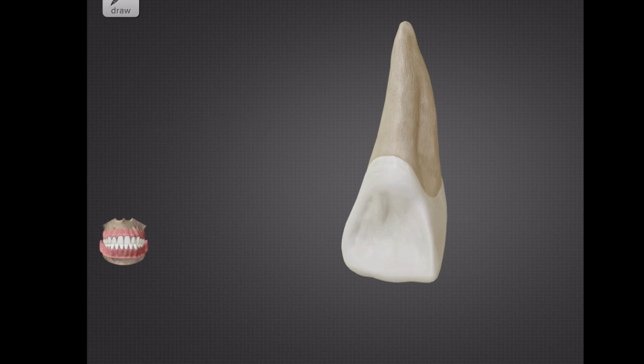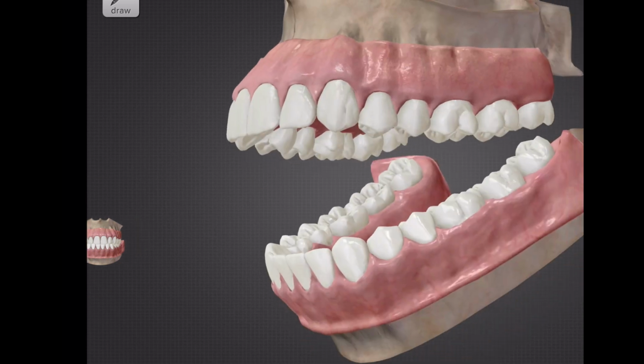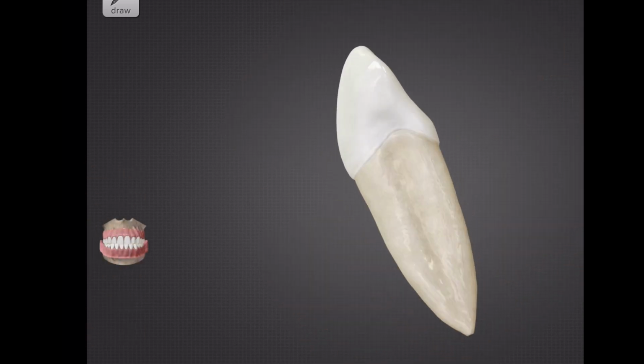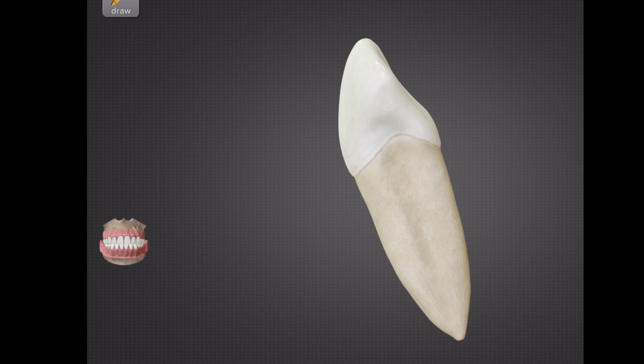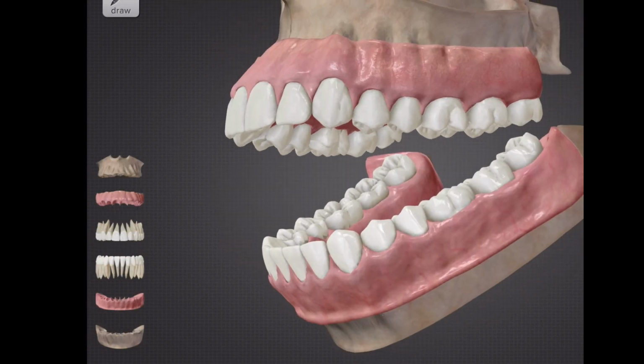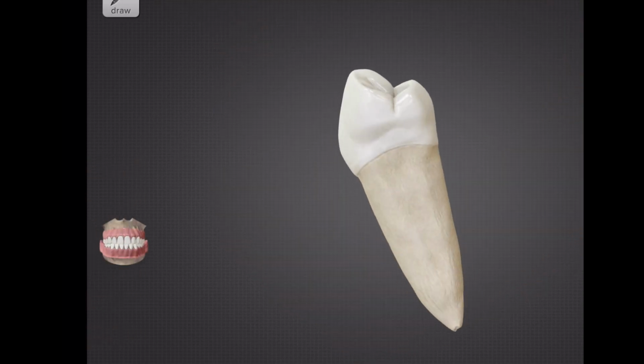The cervical ridge. We can see this on your premolars or canines. This one is not that prominent. We have to look for another one. Yeah, this one.